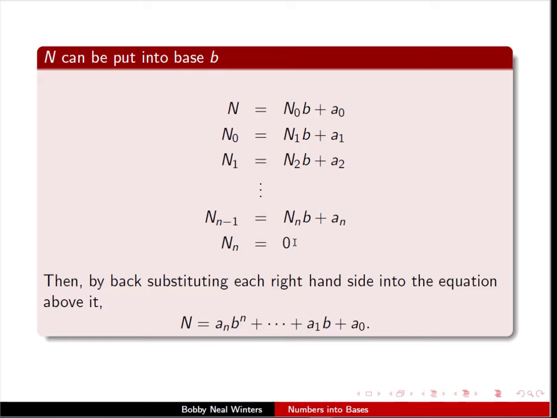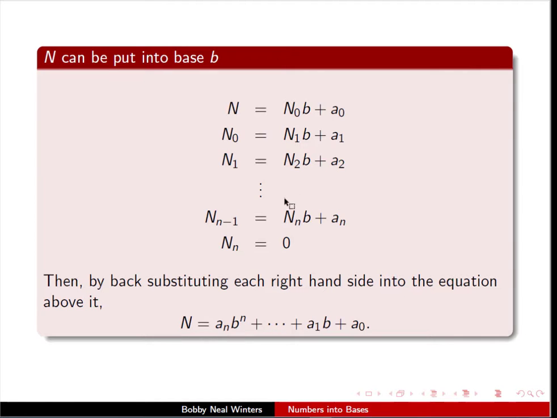Now what you do at this point in order to prove that this works is just a little algebra. I know your math teachers are always saying, just a little algebra. Well, is there anything such as big algebra? Yes, there is big algebra. This is not it. Just back substitute, where these are stacked on top of each other.